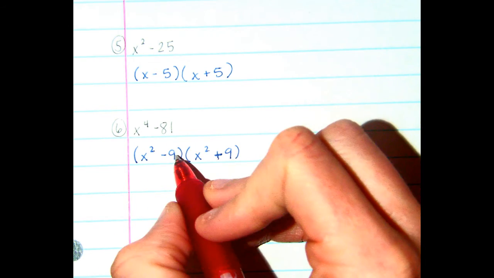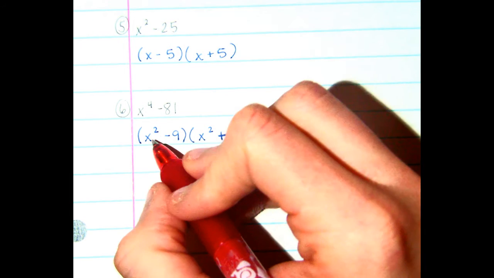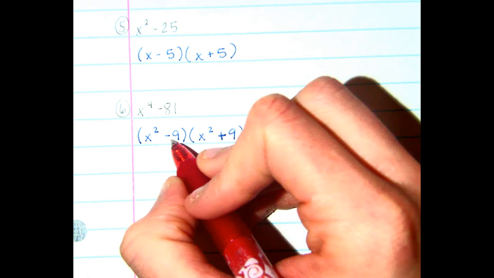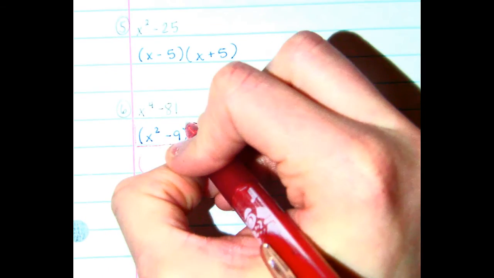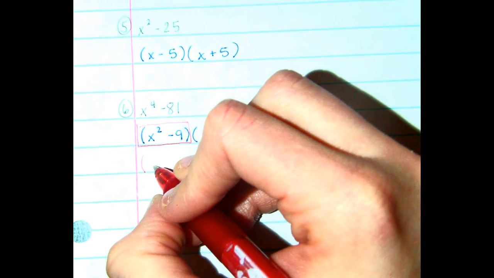That's fine. 81 is 9 and 9. I need to keep looking because is x squared perfect? Yes. Minus 9 is a perfect square. This will factor again. What will x squared minus 9 factor into?